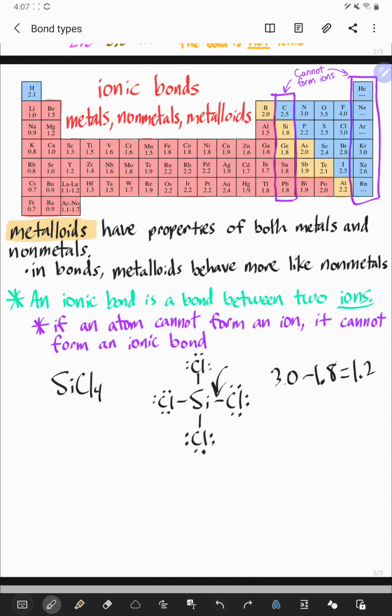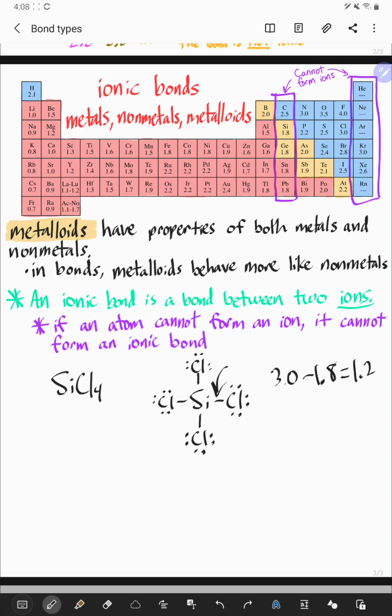Silicon is a metalloid, but we just said we are going to treat metalloids as if they are nonmetals. So pretend this is a nonmetal, and chlorine we already know is a nonmetal. A nonmetal bonded to a nonmetal is not an ionic bond. That would be a covalent bond, which we'll learn about later.